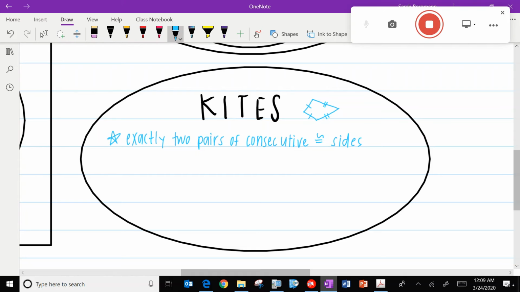Okay, here are some properties that we know about kites. We know that the diagonals are perpendicular. And we know that exactly one pair of opposite angles is congruent. That would be the angles between the non-congruent sides.